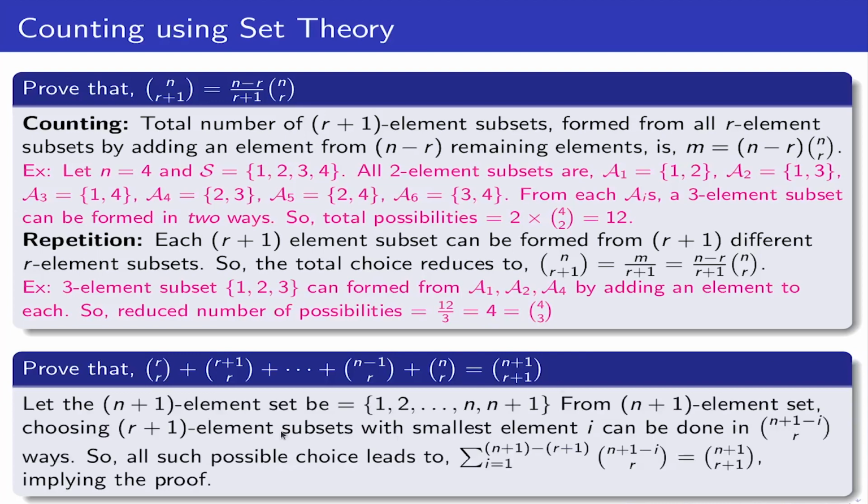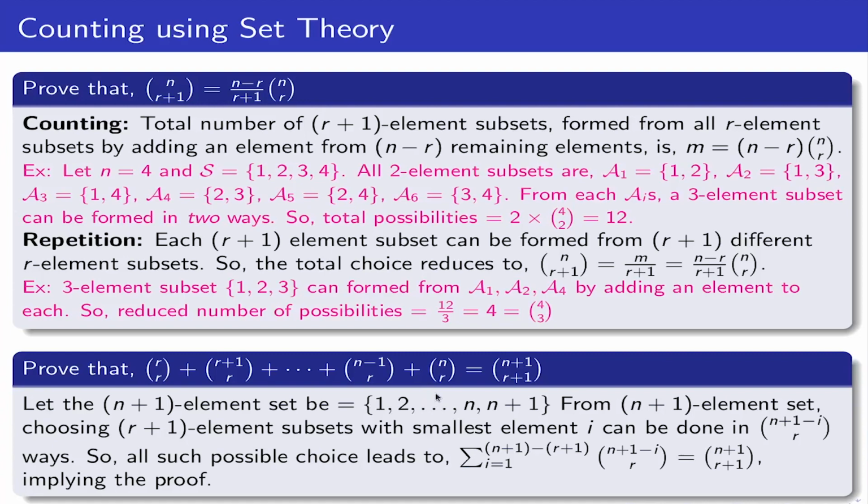So essentially what we are trying to do is that from this n plus 1 element set, we are trying to choose R plus 1 elements, assuming the minimum element is 1, how many of them are possible, plus minimum element is 2, how many of them are possible, plus minimum element 3, how many of them are possible. So when you freeze a minimum element, you have taken one element from the R plus 1 elements to construct, so you are left with R elements.